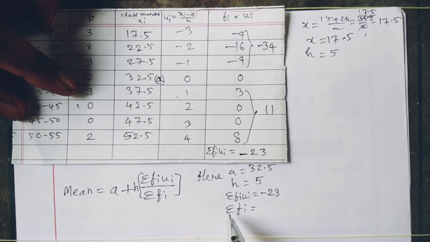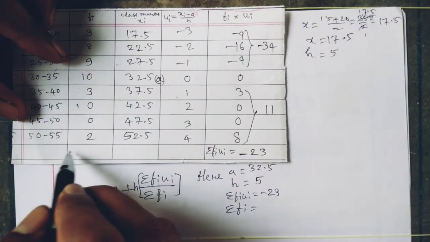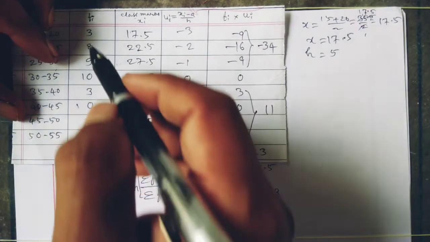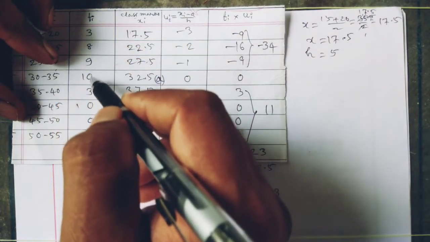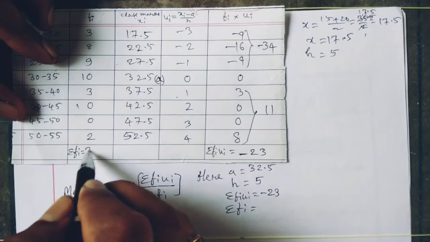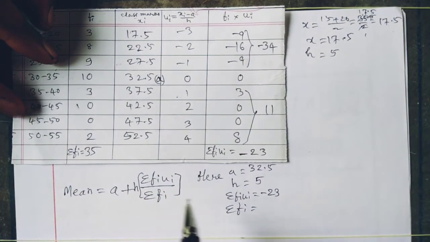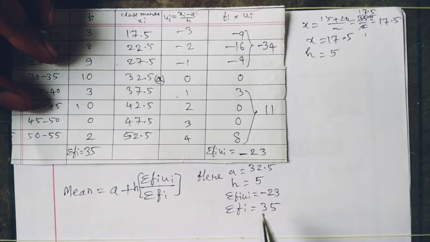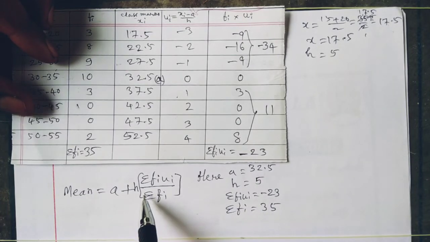And also we have to find sigma fi. Here we count 11, 20, 30, 33, 35. So 35. We got all the values for this formula.